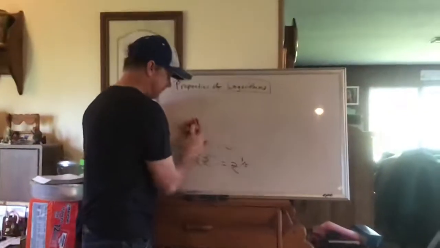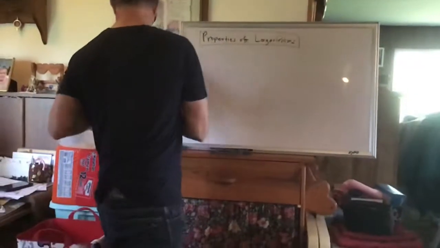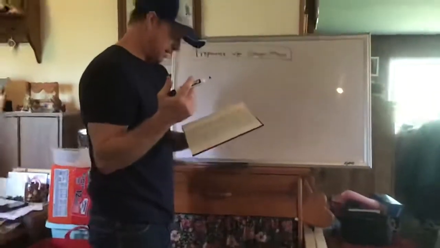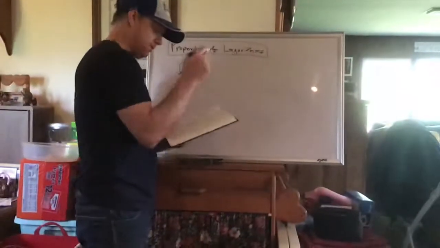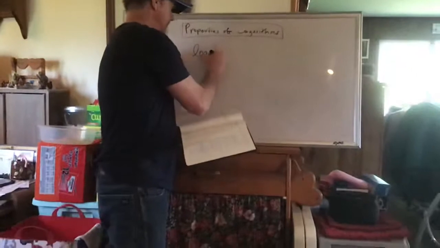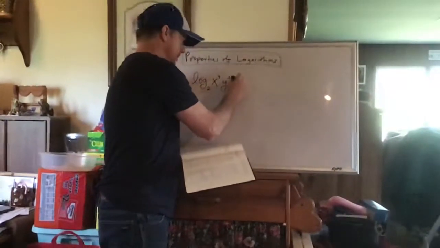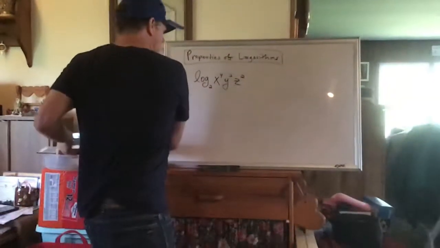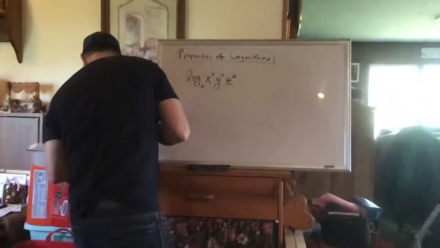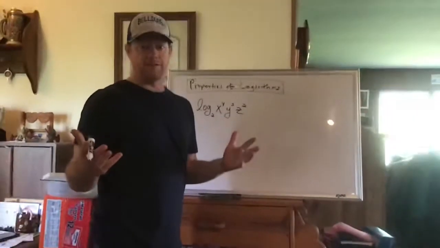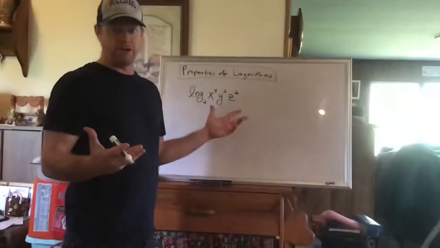And now that I've shared the properties and how to write radicals, this is what your example might look like. Say we have log subscript 2 of x to the 4th, y cubed, z squared. And they'll say, express in terms of sums and differences.